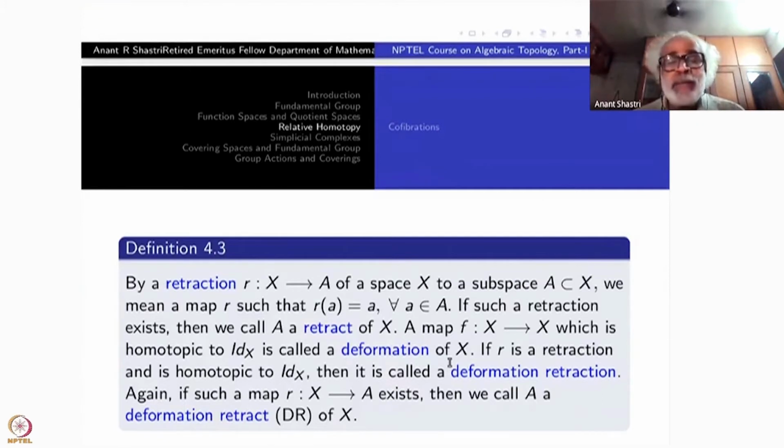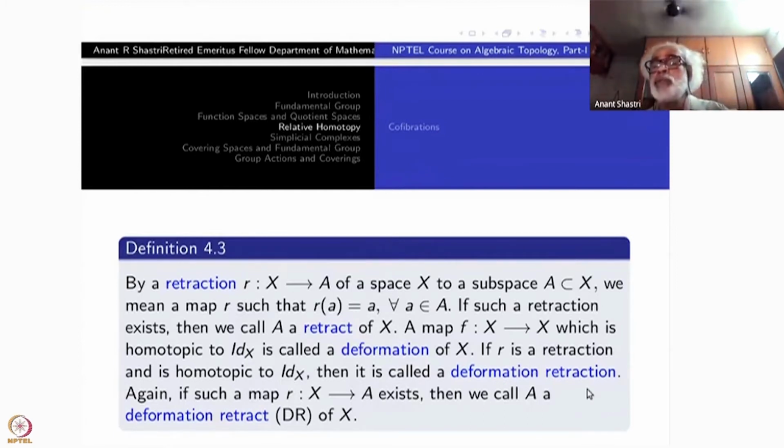If R is a retraction and is homotopic to identity... You see, a retraction is a map from X to A, but A is a subspace of X. Therefore, we can view R as a map from X to X itself. Then we can talk about whether R is homotopic to identity. If R is a retraction and is homotopic to identity, then it is called a deformation retraction.